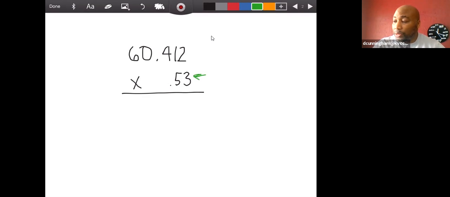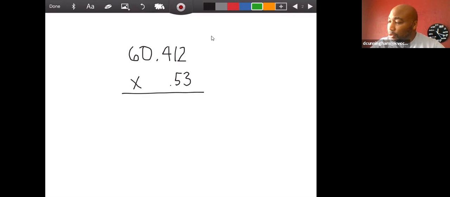When we multiply the 3, we're going to do 3 to every number on the top. And then we're going to use the 5 and multiply to every number on the top. Now, if you had more numbers, you continue with more numbers on the bottom and multiply them to the top. And we'll show you how to do that too.